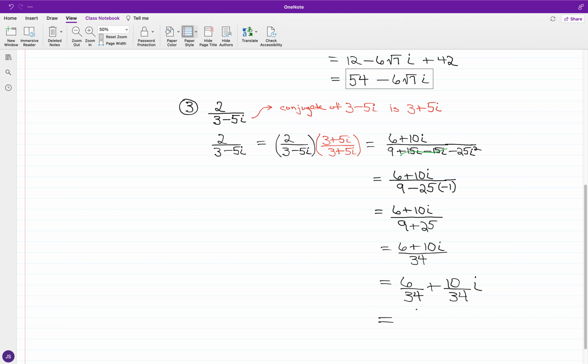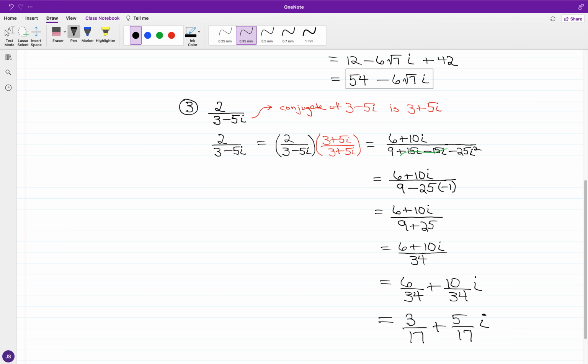For 6 over 34, we have a ratio of even numbers, and 6 over 34 can be lowered to 3/17. For 10/34 of i, another ratio of even values, 10/34 of i is reducible to 5/17 of i. So you have the a at 3/17, and bi we have at 5/17 of i.